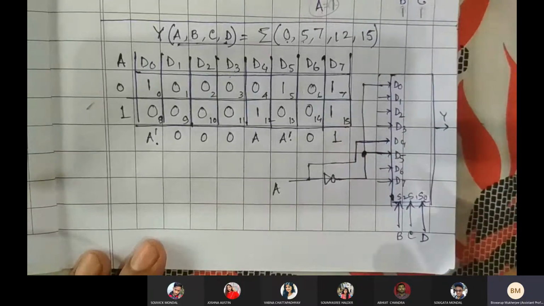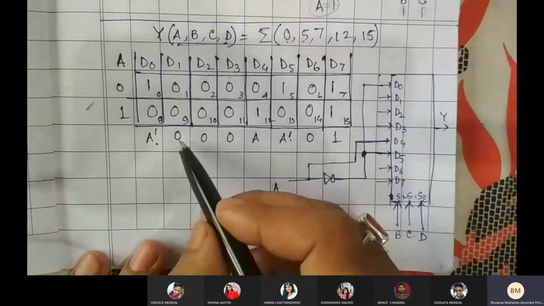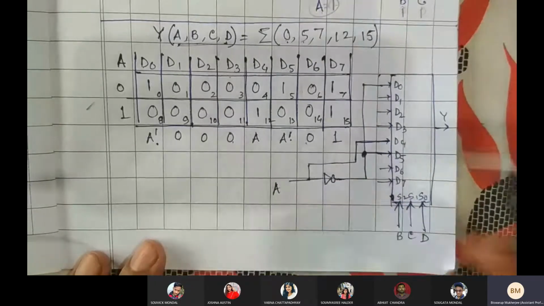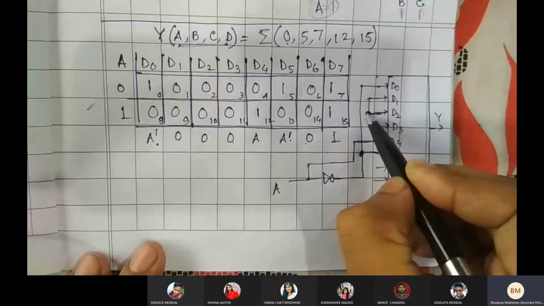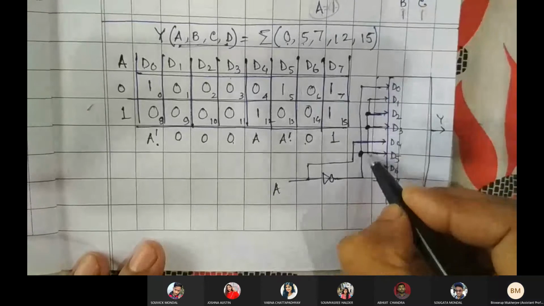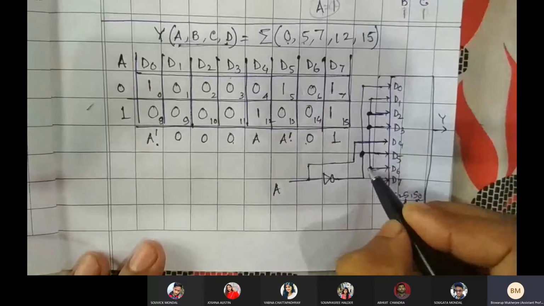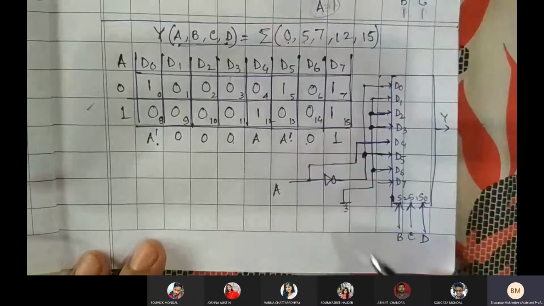So D5 and D0. The rest, D1, D2, D3, and D6, are needed to be grounded. So D1, D2, D3, and D6 are all grounded, okay, or logic 0.